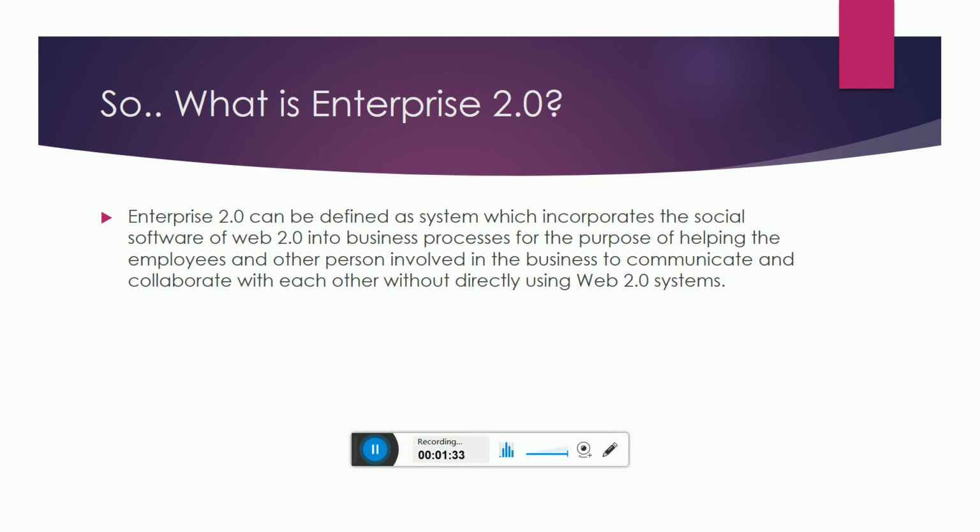Using Web 2.0 systems within a corporate or an organization environment is not very safe or secure. As a result, you may want to use Enterprise 2.0 systems for the corporate environment.